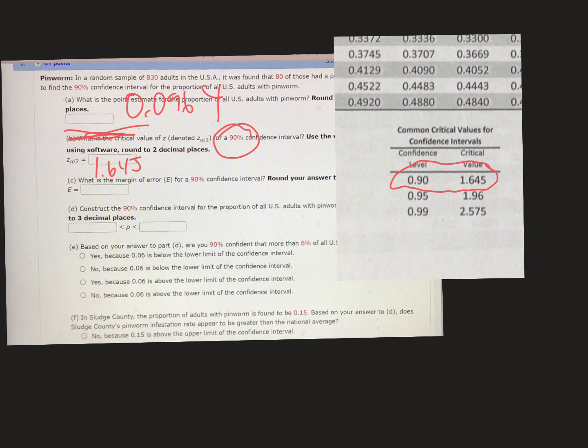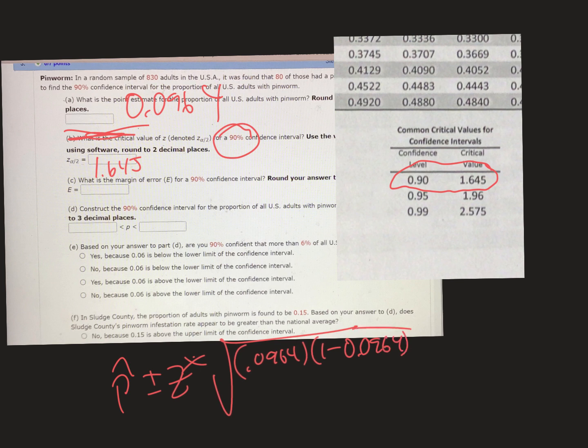So we know the formula is going to be p hat plus or minus z star times the standard deviation for the sampling distribution, which will be the square root of p hat times 1 minus p hat, this is the p and the q, all over the sample size of 830.